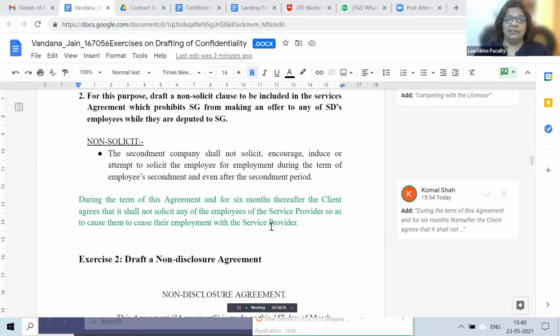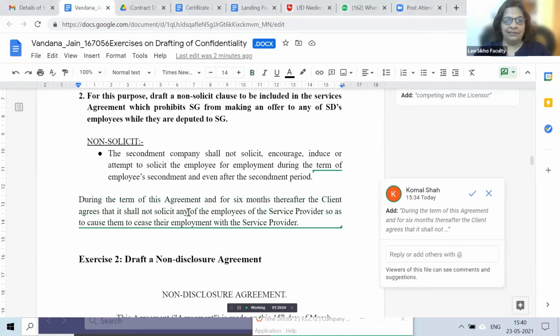Yeah, but the client will not cause the employees to leave that. 1 or 2 years is too long in this case, because they are there only for a 3 months duration and you are not doing anything for 6 months. How long can you keep someone in? Okay.